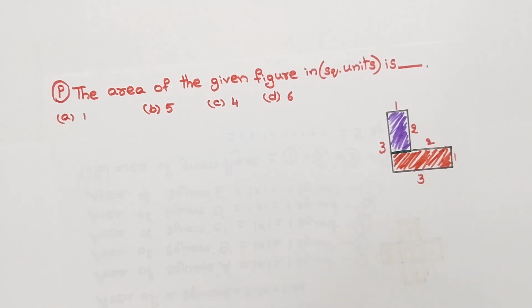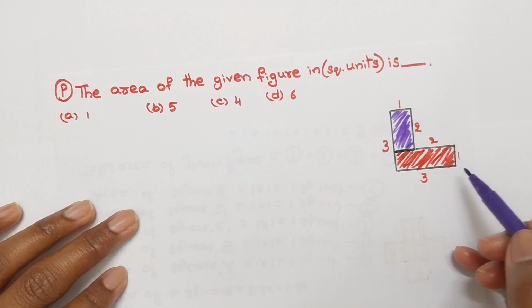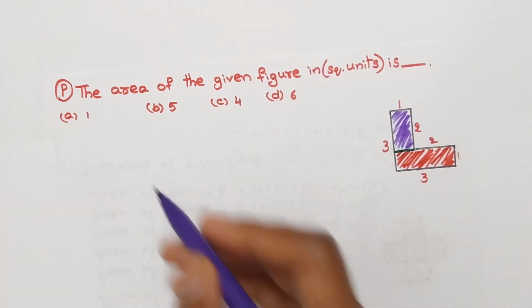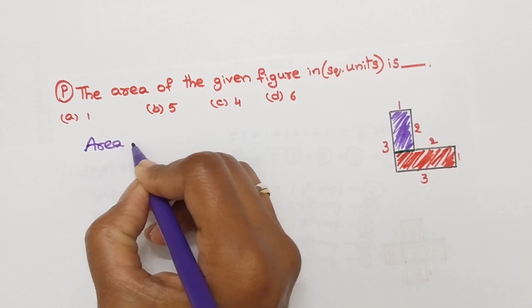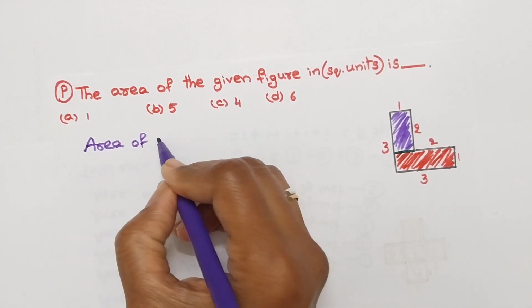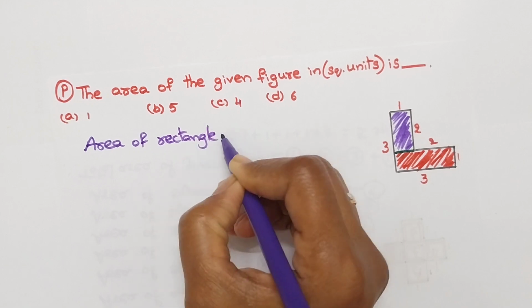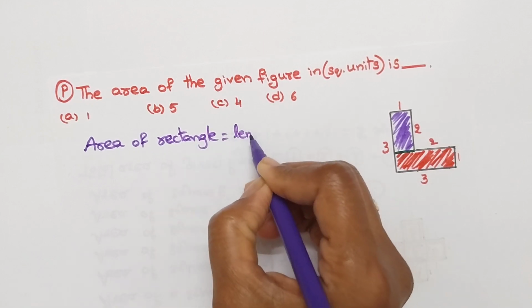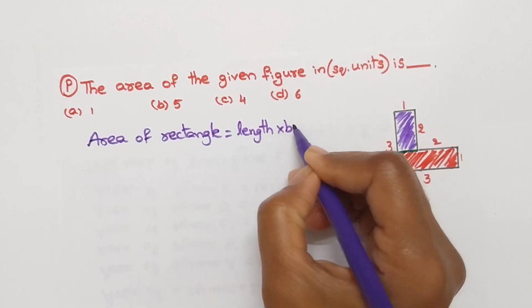As we know the area of the rectangle formula, we calculate. First we need to write down the formula. Area of rectangle equals length into breadth.